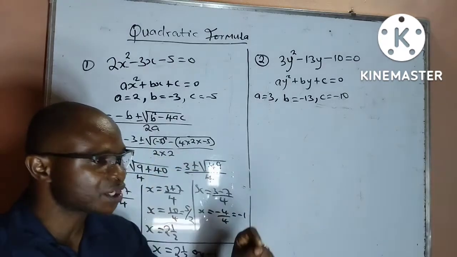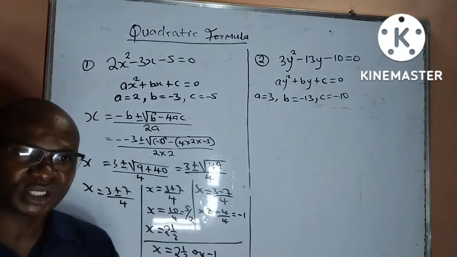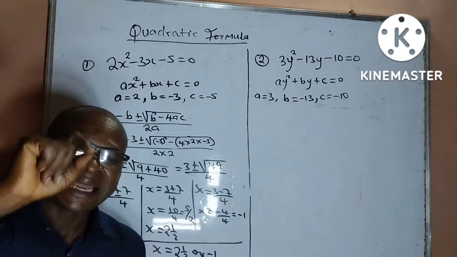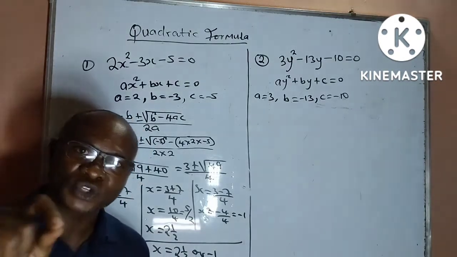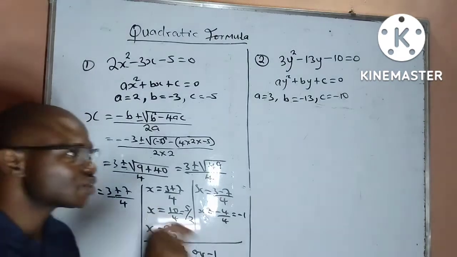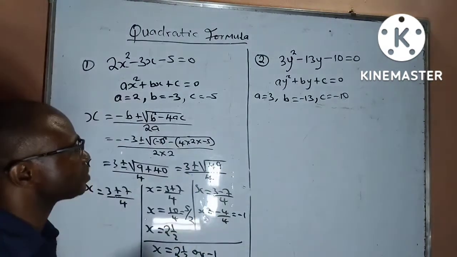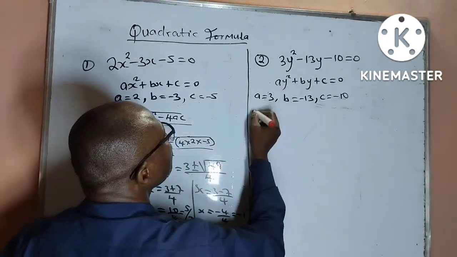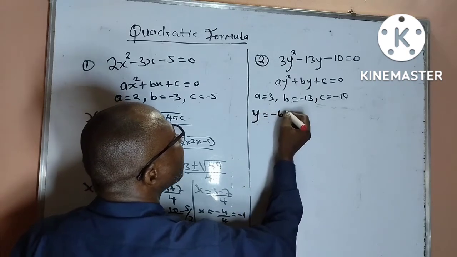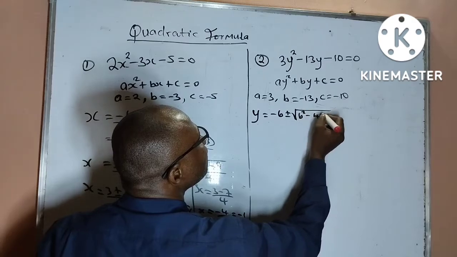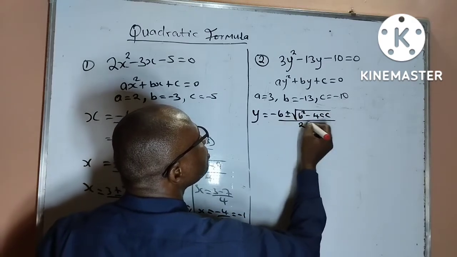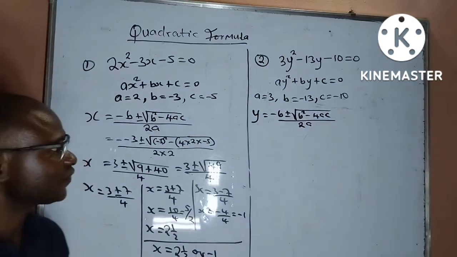So for every question given to me in quadratic equations, I need to know these letters, because I am using the quadratic formula to solve it. And what is the quadratic formula? That y is equal to minus b plus or minus square root of b squared minus 4ac all over 2a. This is what we call the quadratic formula.